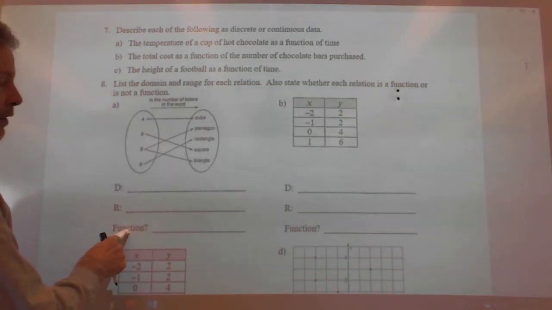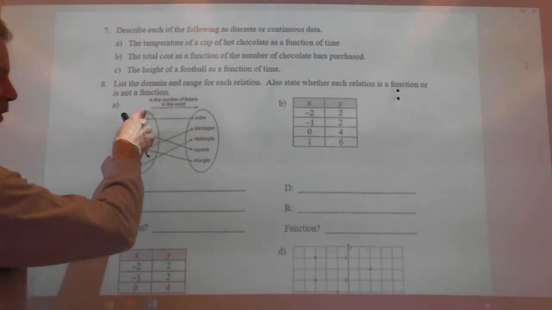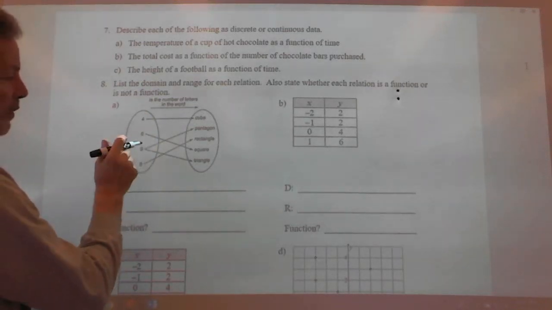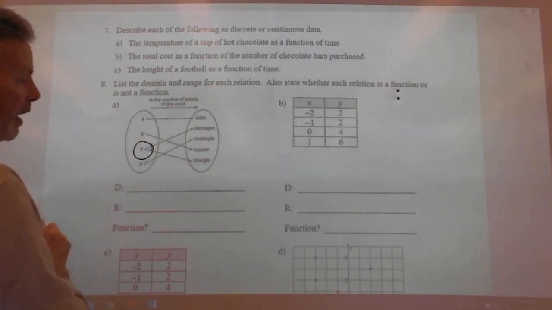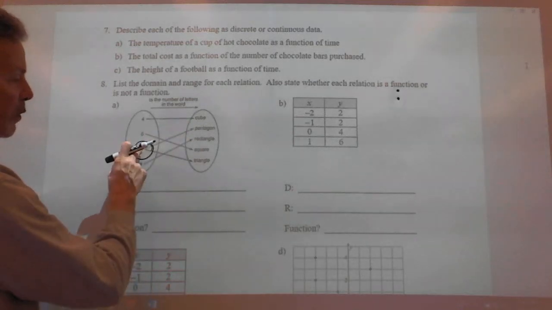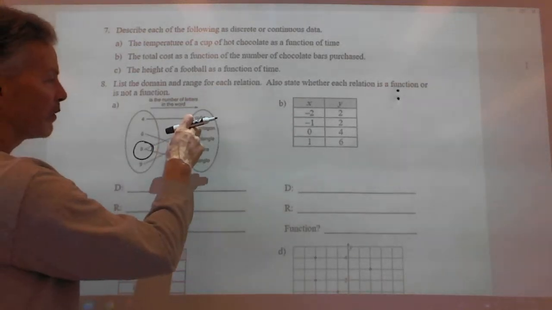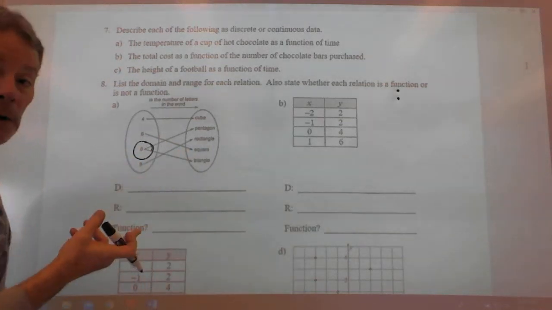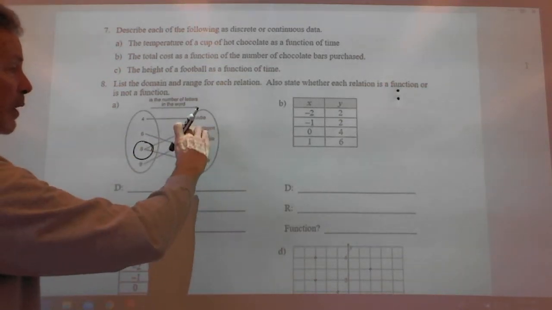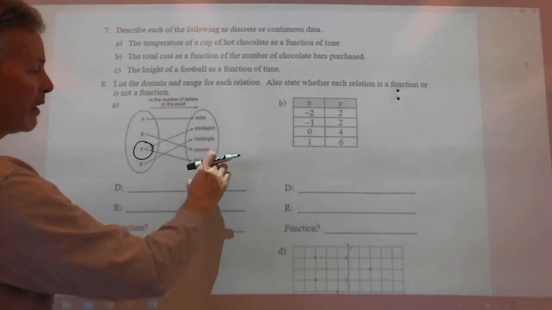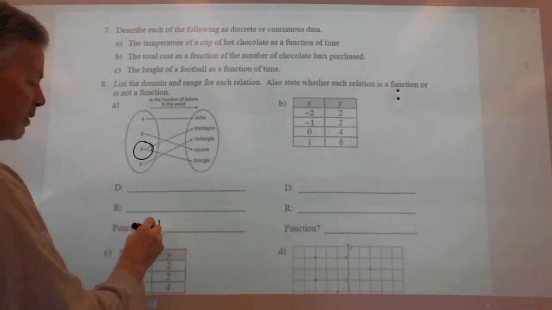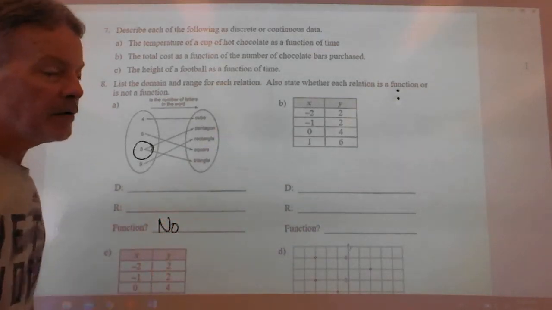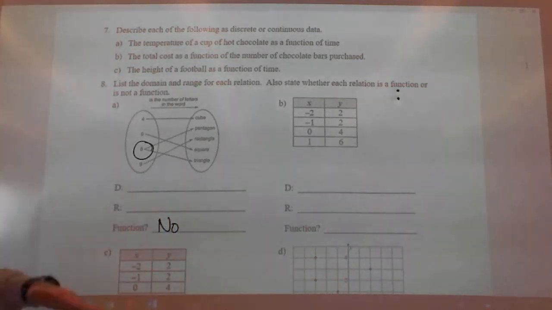As to whether or not it's a function, if you check your x's, and you see x being repeated, in other words, this x value belongs both to the pentagon and to the triangle, so it's being repeated, you'd have two ordered pairs, 8 pentagon and 8 triangle. As soon as you see an x value repeated, it's not a function.